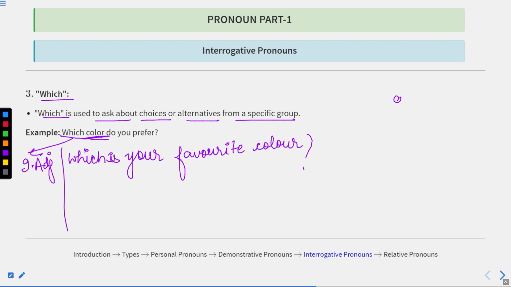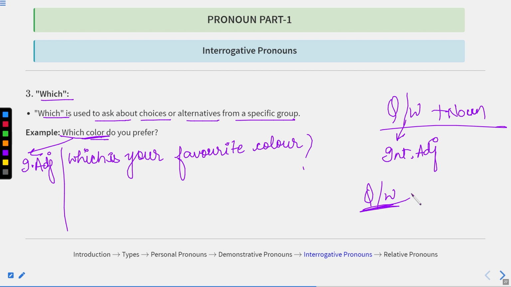It means after an interrogative word, the question word, if we have a noun immediately after it, this is an interrogative adjective. But if just after the question word we do not have a noun, and we are replacing these two with this question word, this is an interrogative pronoun. Okay, so this is actually the process of identifying whether it is an interrogative adjective or interrogative pronoun.